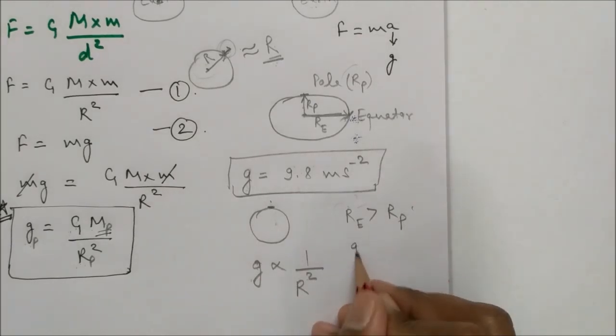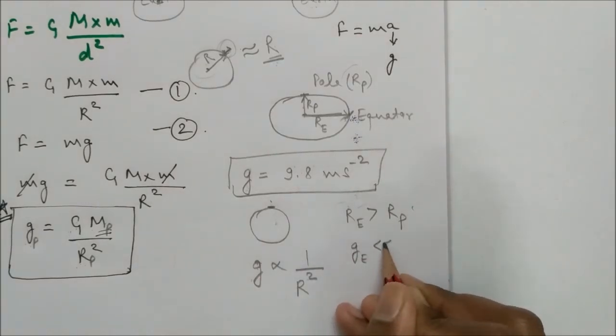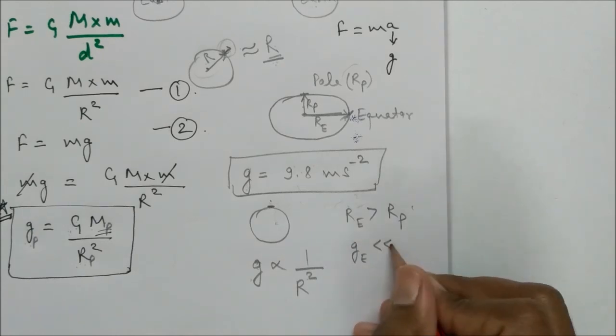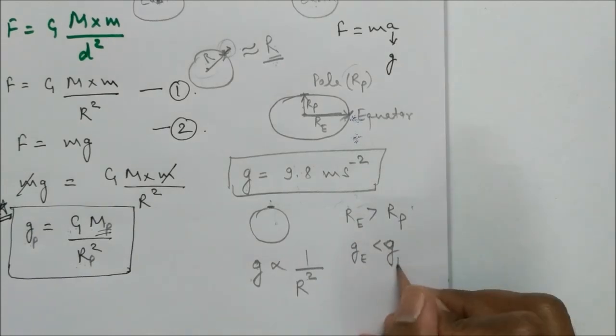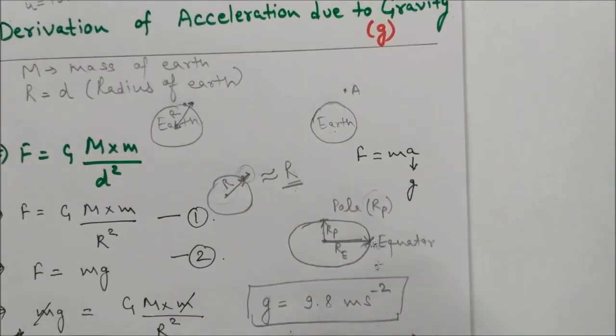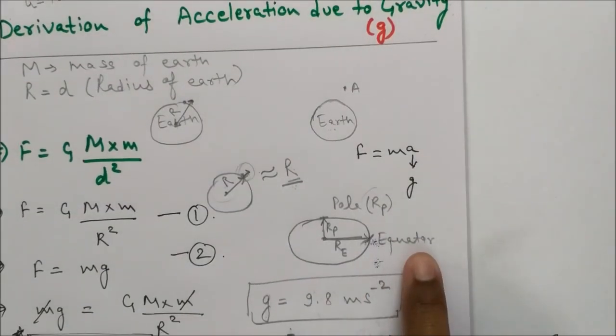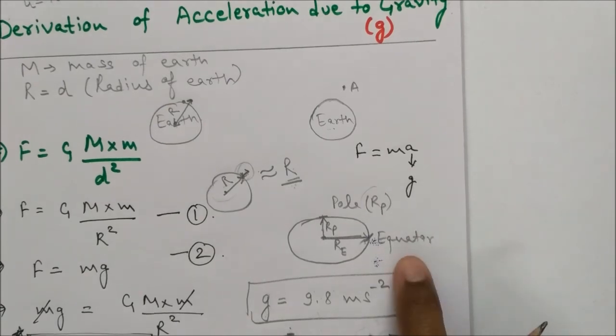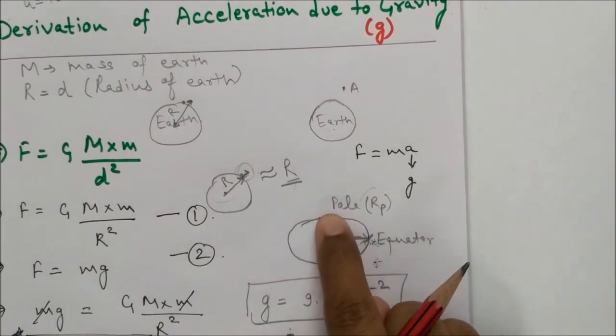So gE is smaller than gP. The value of acceleration due to gravity at the equator will be less than the acceleration due to gravity at the pole.